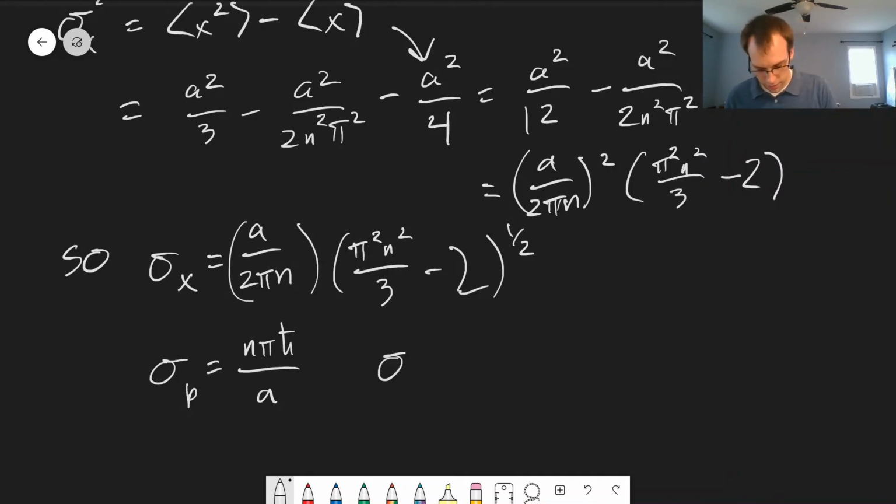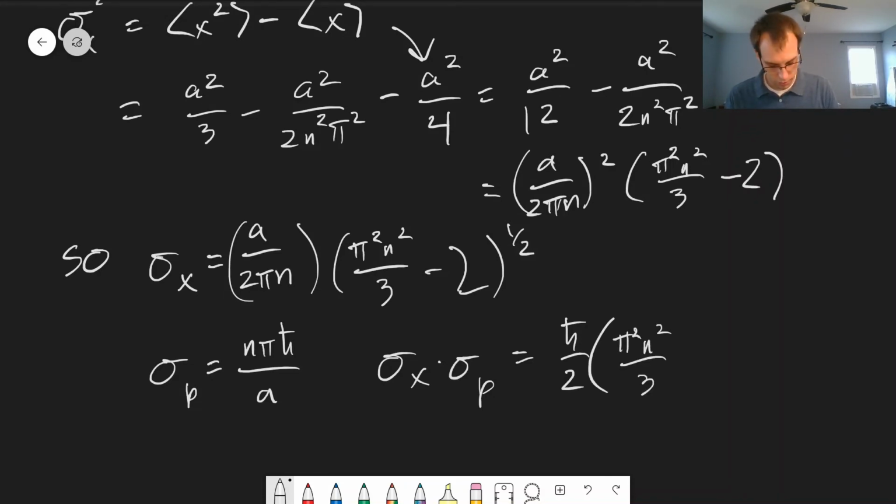If we take sigma x times sigma p, we end up with h bar over 2 times pi squared n squared over 3 minus 2, raised to the 1/2. These other parts cancel out and we end up with an h bar over 2. And what we see is that what's present here is always going to be greater than 1.